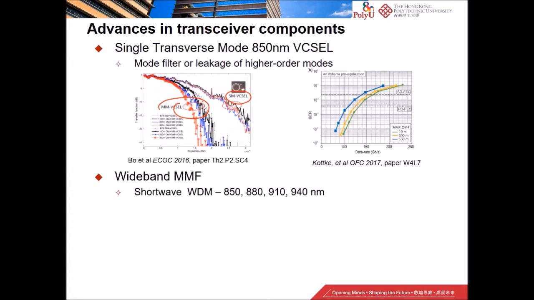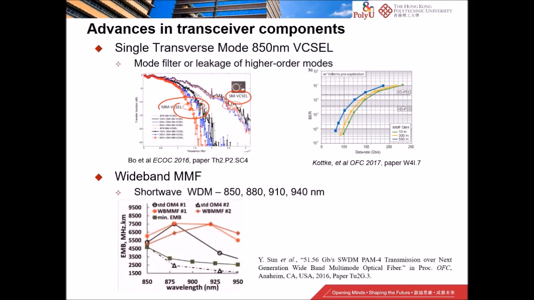In that case, one can design the index profile and geometry of the fiber so that the overall intermodal dispersion is minimized, or the overall expected bandwidth distance product is maximized.